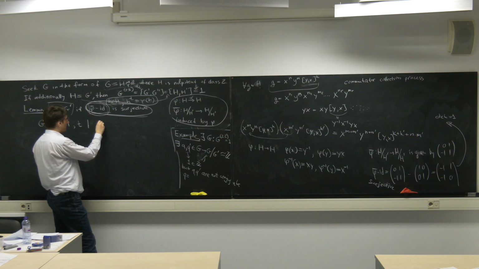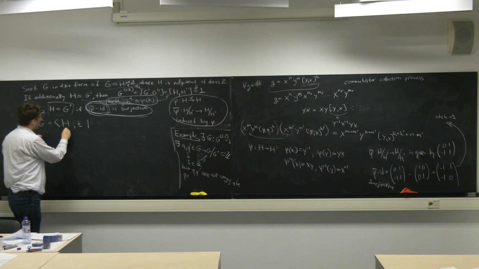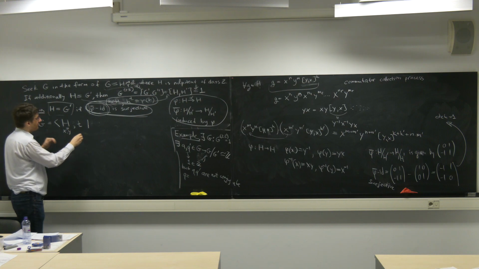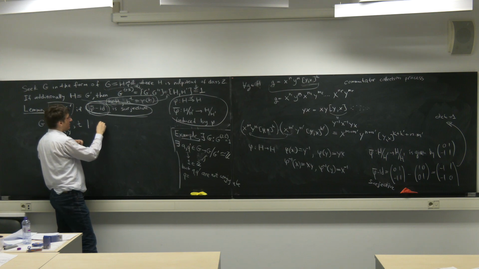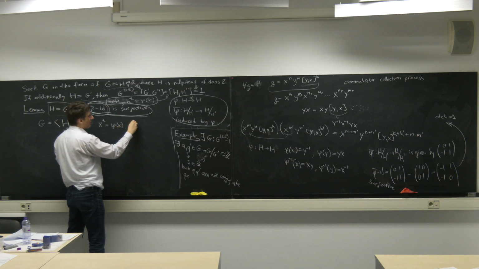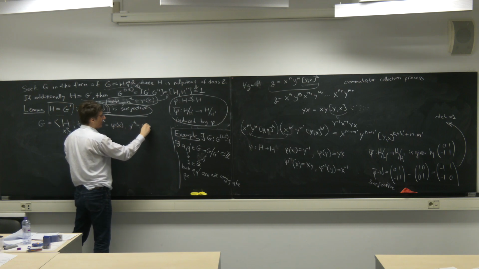It's enough to do it for X and Y because they are the generators here. So X conjugated by T is phi of X, and Y conjugated by T is phi of Y.